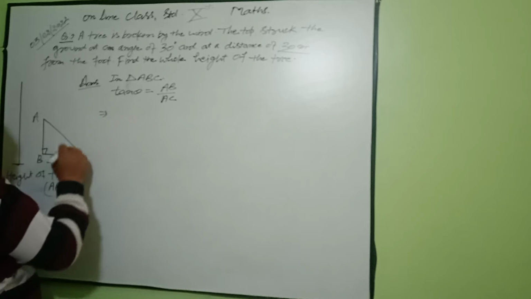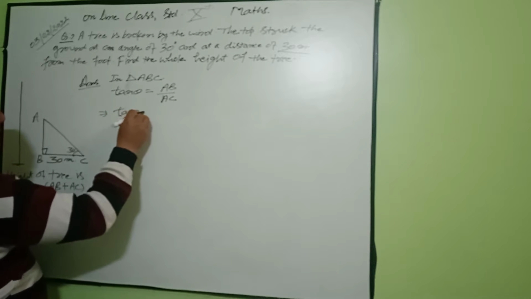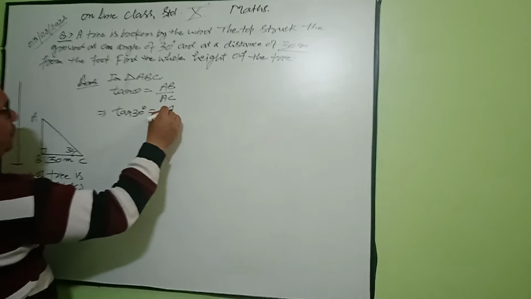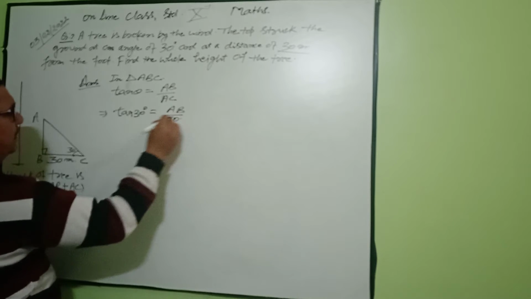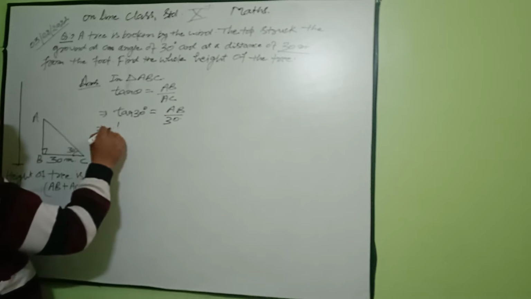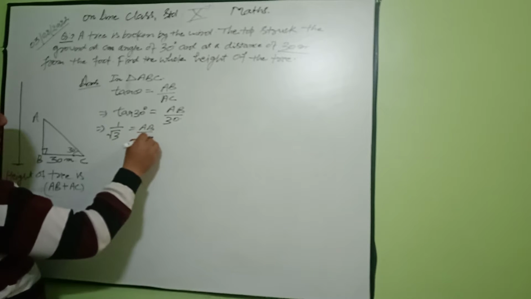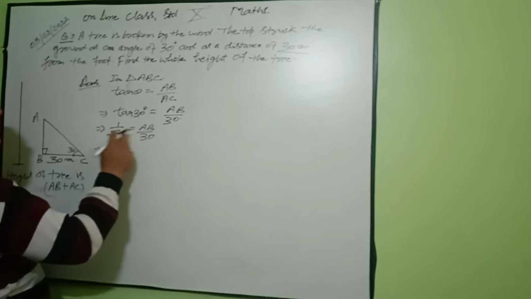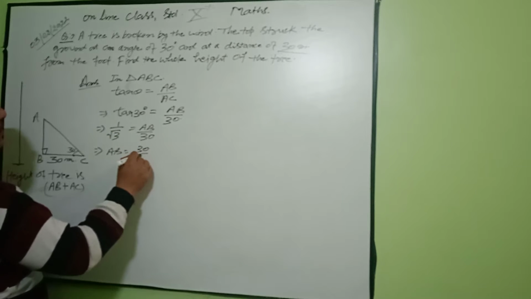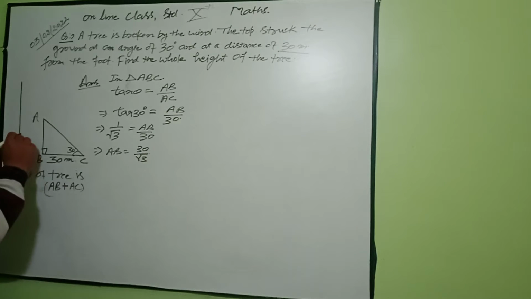Now in place of theta we put tan 30 degree equal to AB by 30. The value of tan 30 is 1 by root 3, equal to AB by 30, or AB equal to 30 by root 3. Means this one becomes 30 by root 3.